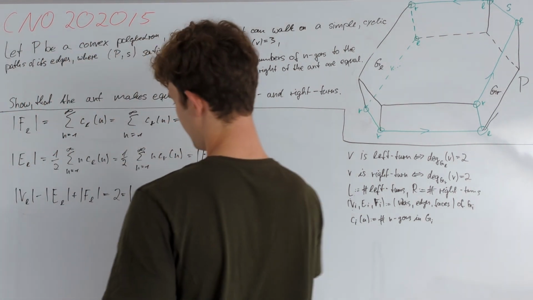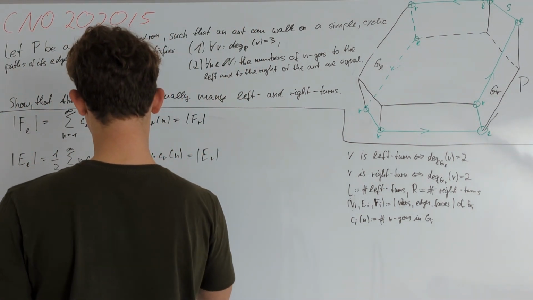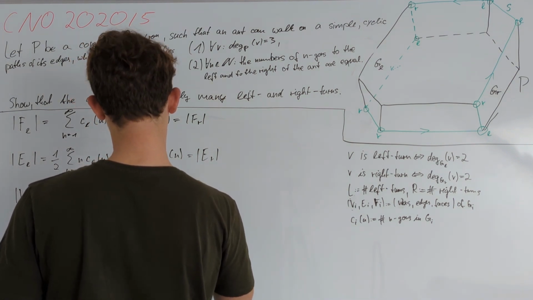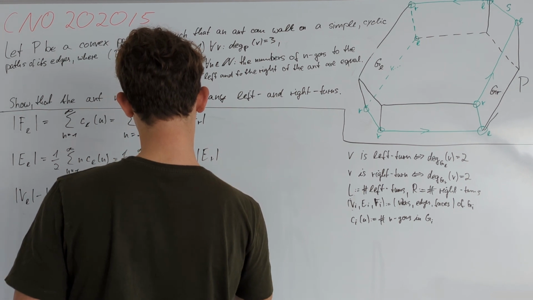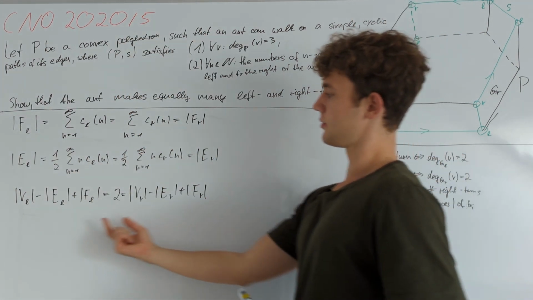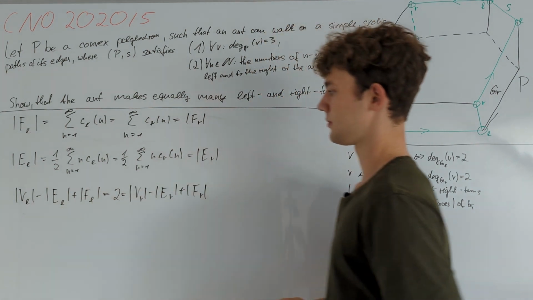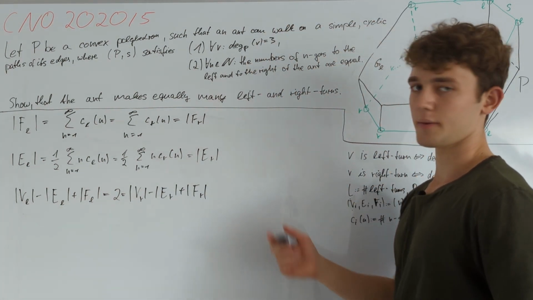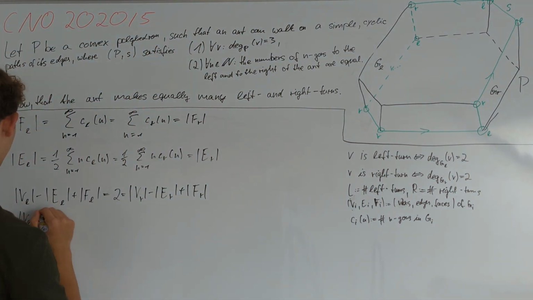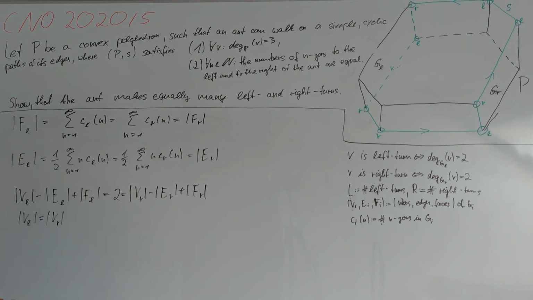And 2 by the same theorem is also equal to VR minus ER plus FR. Okay, so this is really nice. We know that these 2 variables are equal respectively. I'm not going to write out all the algebra, but it follows immediately that VL is equal to VR in size.